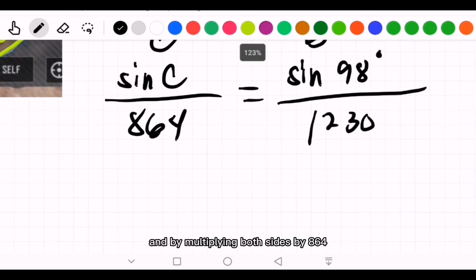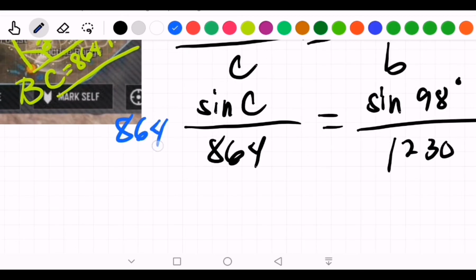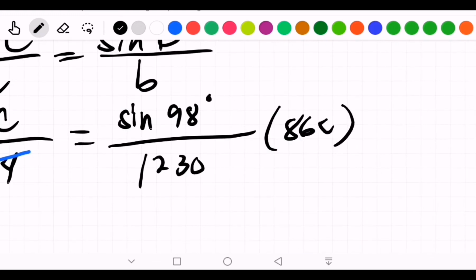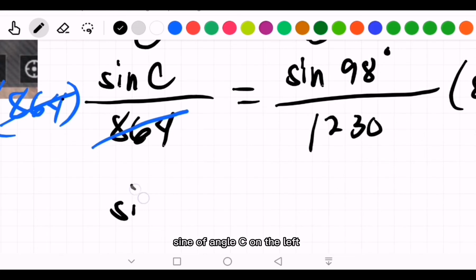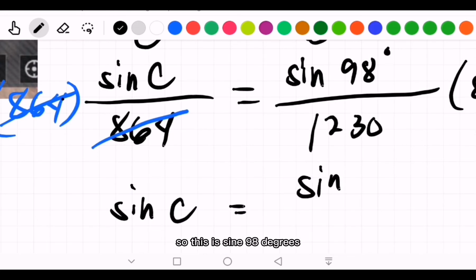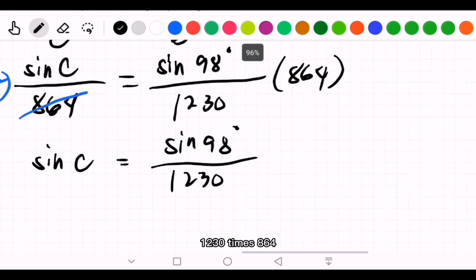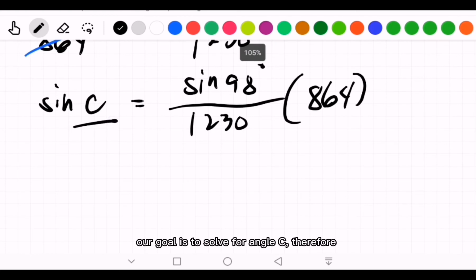And by multiplying both sides by 864, this will actually cancel out, and we are left with sine of angle C on the left. So this is sine 98 degrees over 1230 times 864.